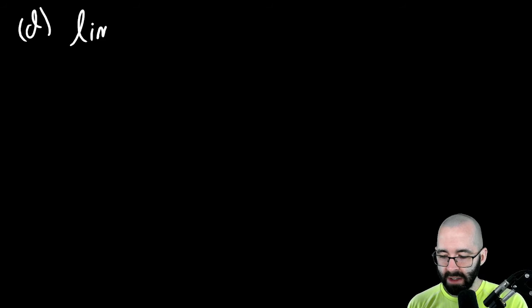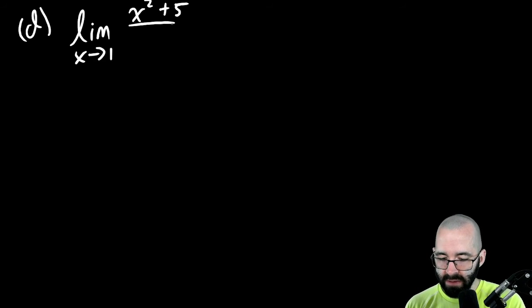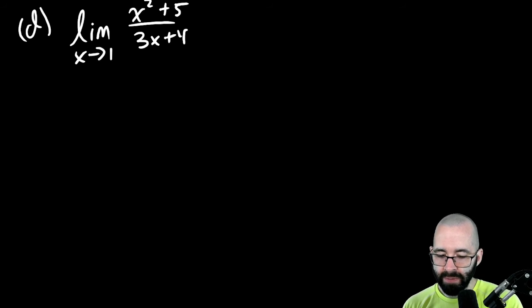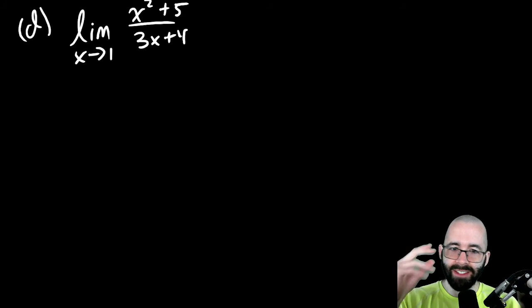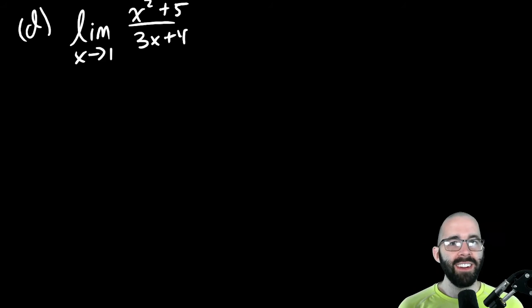D, the limit as x goes to 1 of x squared plus 5 over 3x plus 4. Now I know y'all like L'Hopital's rule, but don't ride the train off the cliff. I don't think that's an idiom, but don't do it anyway. Don't use L'Hopital's rule here.